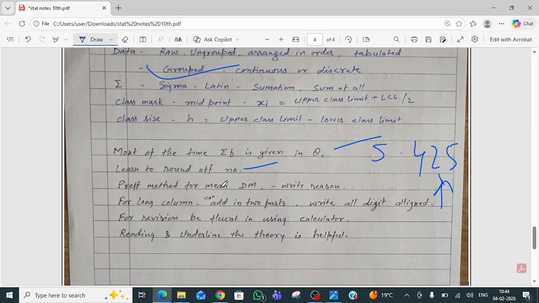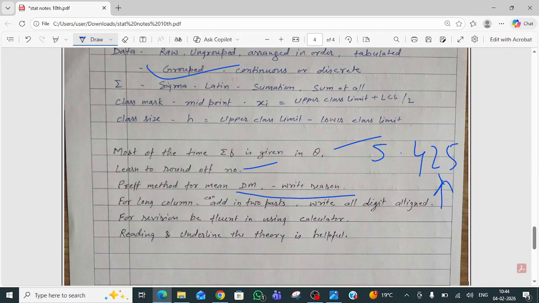Now, the preferred method for the mean is the direct method. Write the reason: the direct method is simple. Whenever they ask why you used this method, they are expecting that a student will solve by the assumed mean method because xi and fi are big.